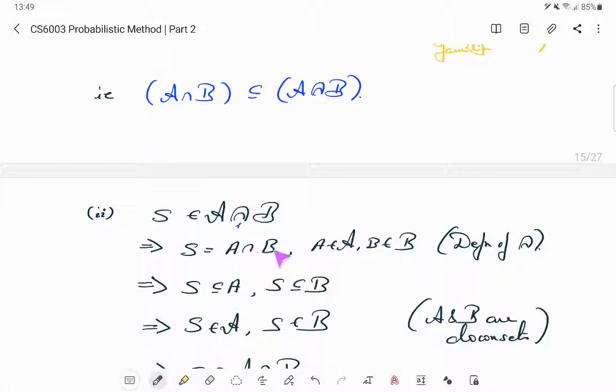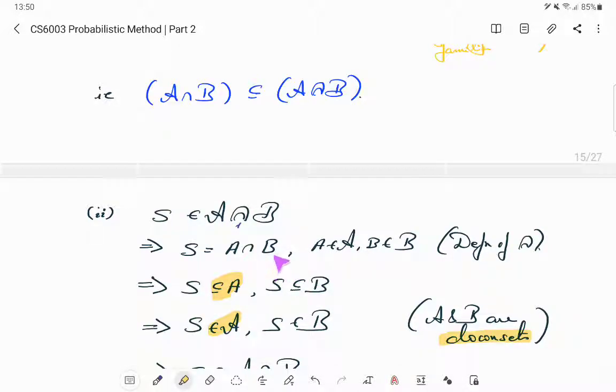It is A intersection something, it can only be a subset of A. Similarly, it is also B intersection something, so S can only be a subset of B. But both script A as well as script B are down sets, remember, okay? Since they are down sets, any subset of A is also a member of script A, because A is in script A and S is a subset of A, hence S is also in script A.